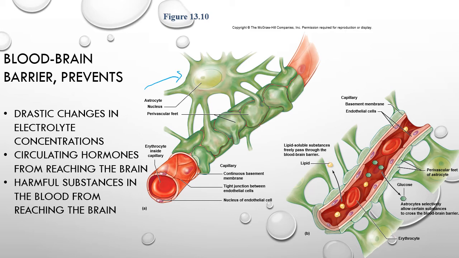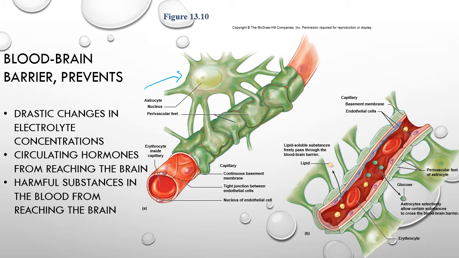That astrocyte was a cell that was in great numbers within the nervous tissue itself, and one of its jobs is to surround our capillaries in and around the brain. What it helps to do is maintain this barrier, even more so than what the blood vessels can.